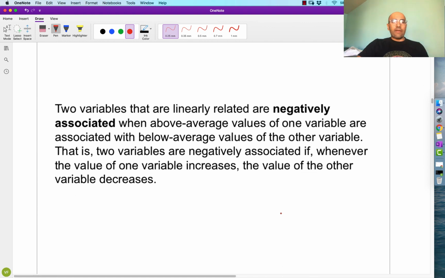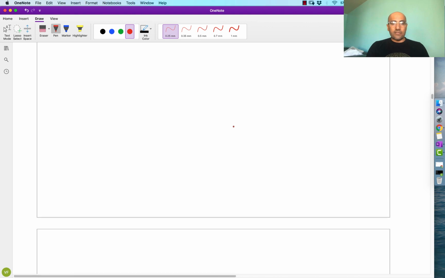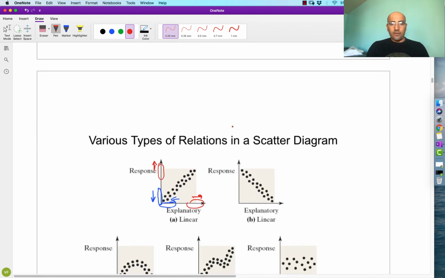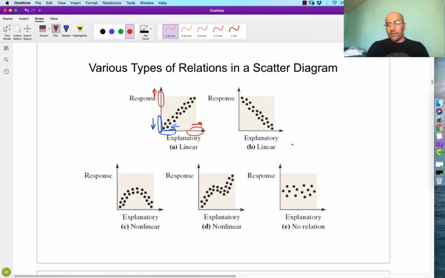On the other hand, two variables that are linearly related are negatively associated when above average values of one variable are associated with below average values of the other variable. That is, two variables are negatively associated whenever the value of one variable increases, the value of the other variable decreases. So for this one, now we have the opposite case: as we input larger and larger values of the explanatory variable, the response variable is getting lower.